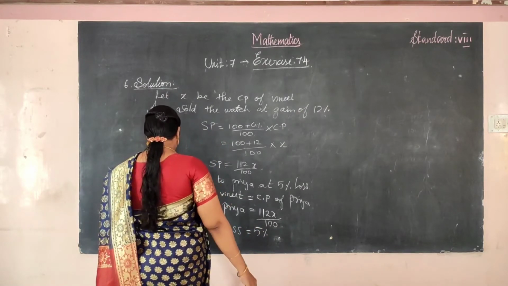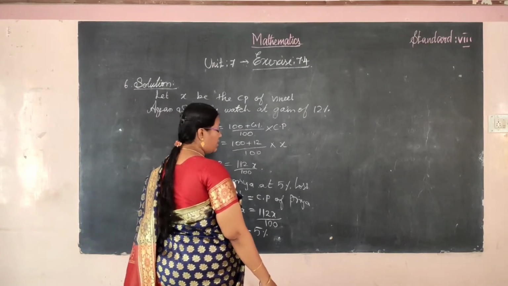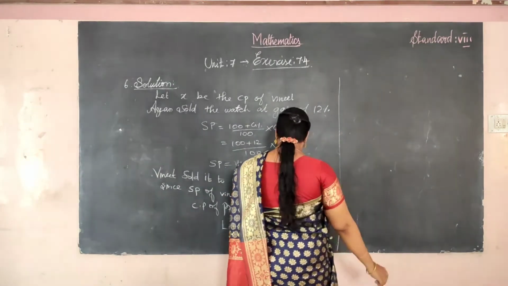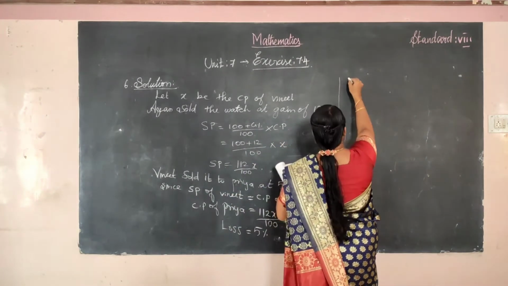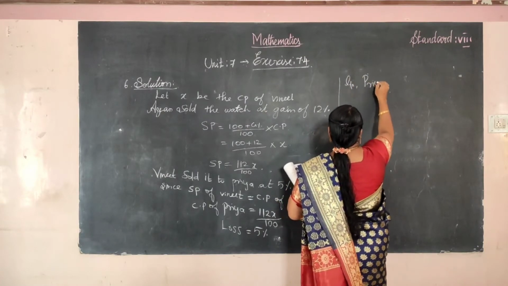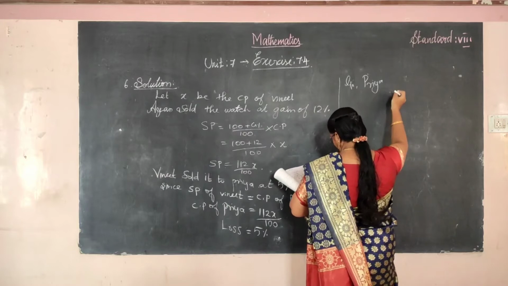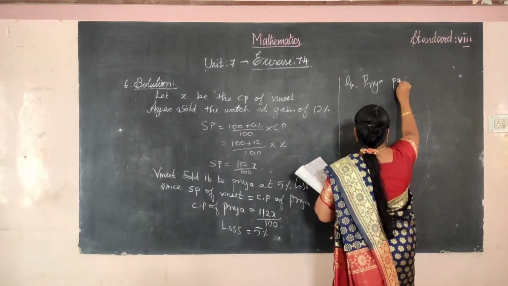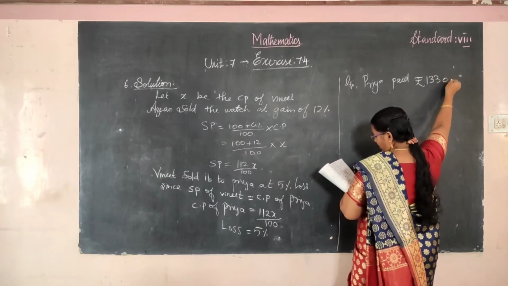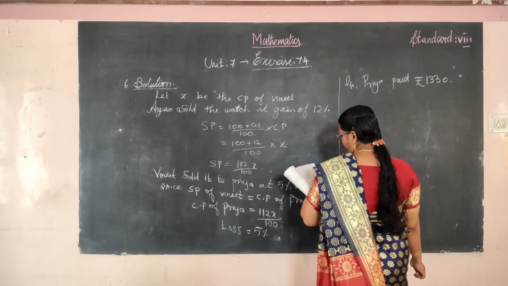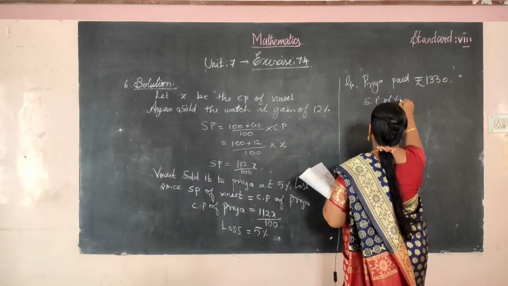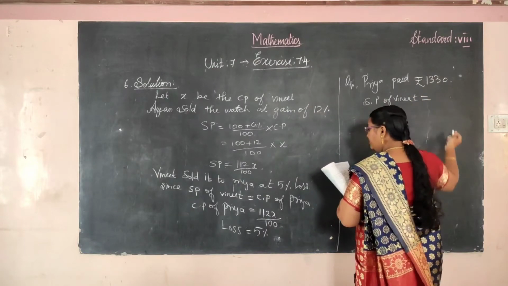Now we apply the loss percentage formula to the selling price of Vinit. Another piece of data is given: Priya paid rupees 1330. That is also given.